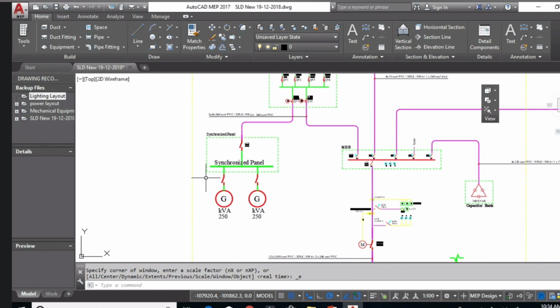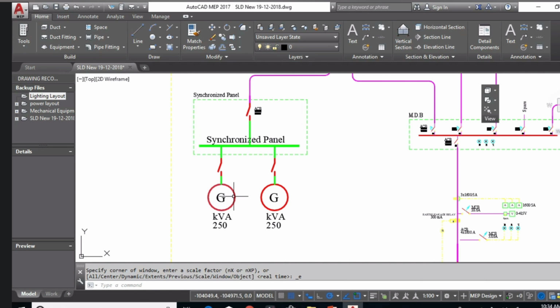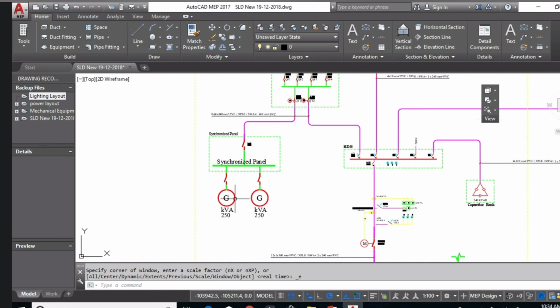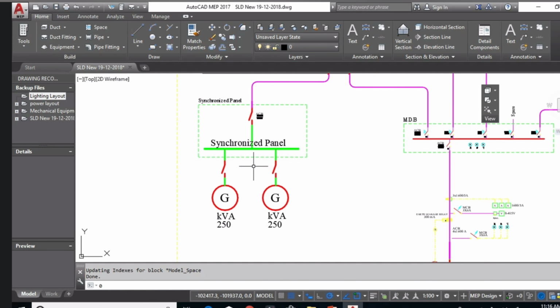And after that, I size the 2 generators to make load sharing, each of them 250, and to run those generators together in parallel of course I require a synchronization panel.